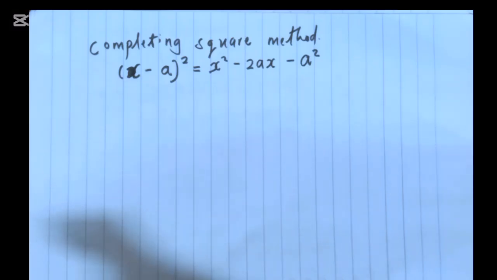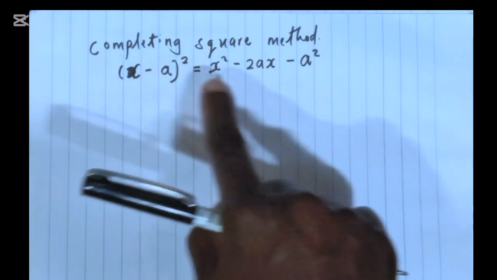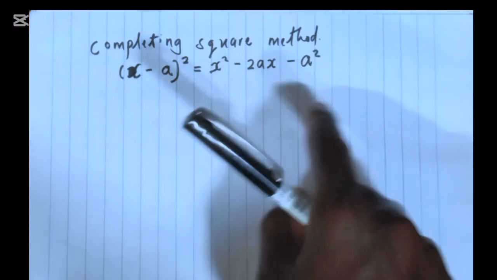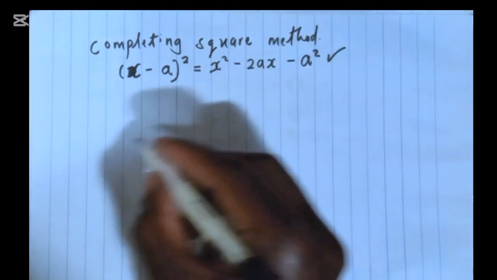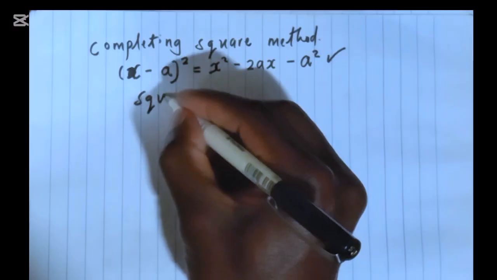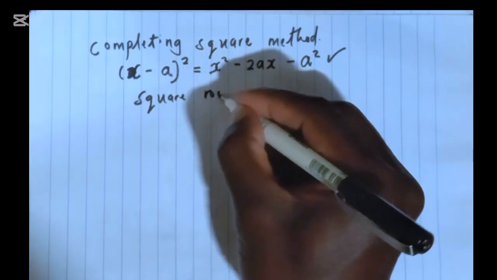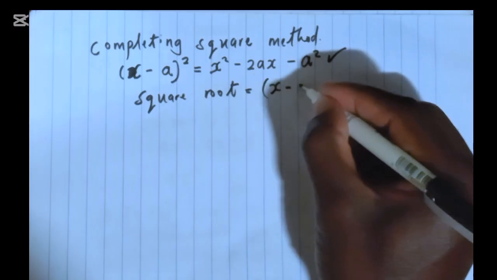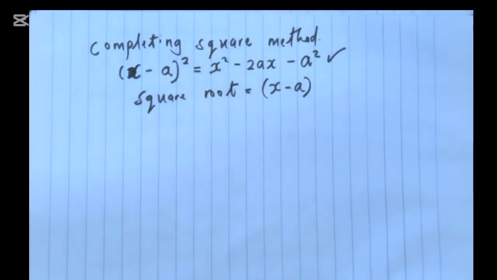And so you notice that from here we can actually find the square root of this quadratic expression. If this is the square, then its square root will actually be x minus a.